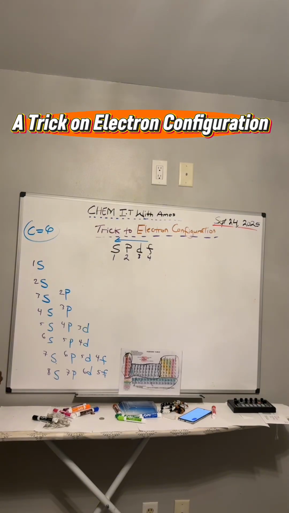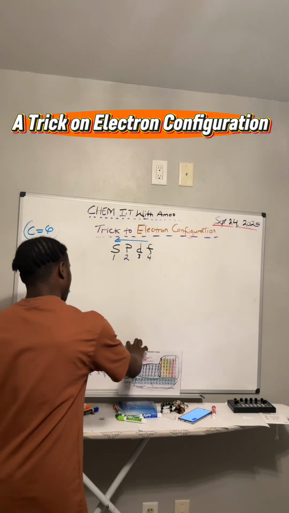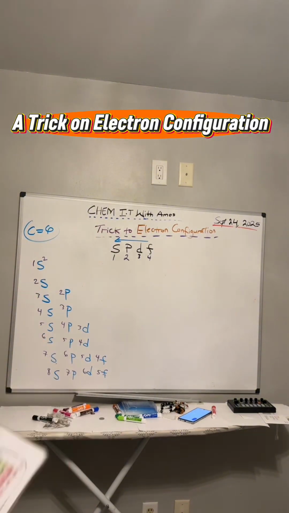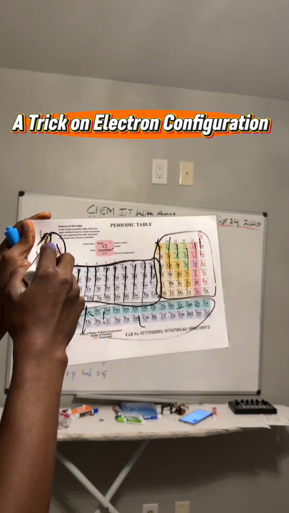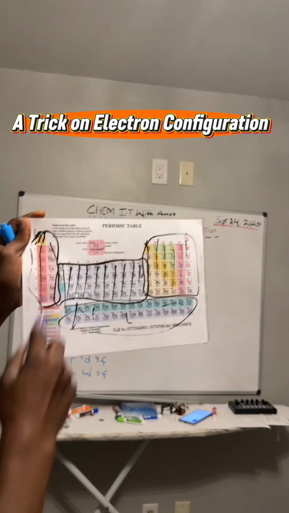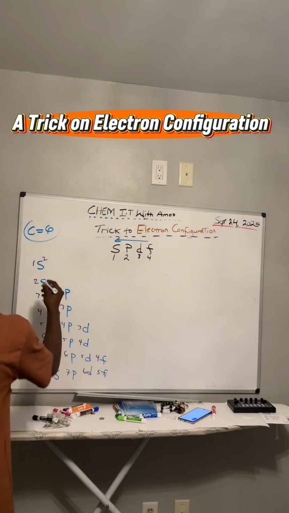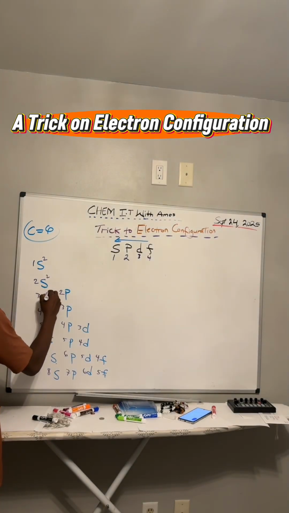So here now we'll put 2 above all the S. Why? Because the S block contains 2 groups. Here's the S block. It contains 2 groups, group 1 here and group 2 right here. So all the S has 2. Those 2 you see up here, they are all electrons.